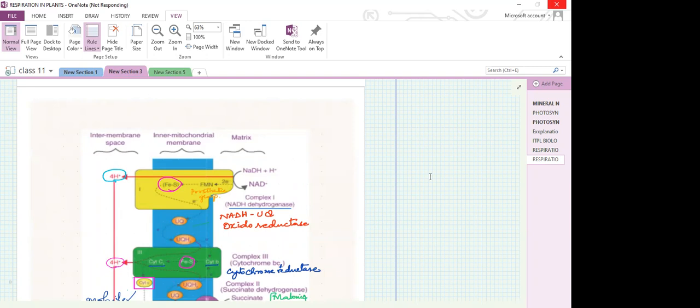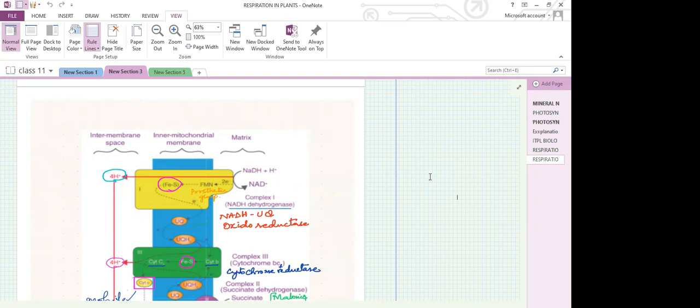Cristae. So cristae are the foldings. Mitochondria is a double membrane cell organelle, just like plastid, and it is also semi-autonomous.